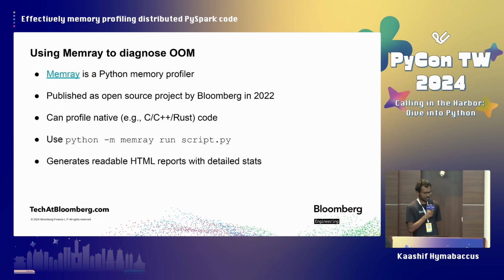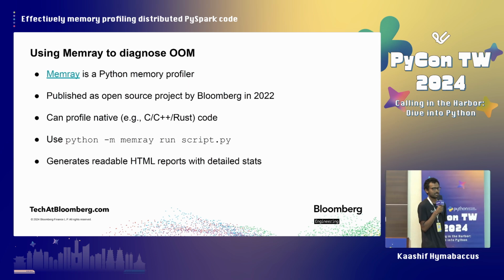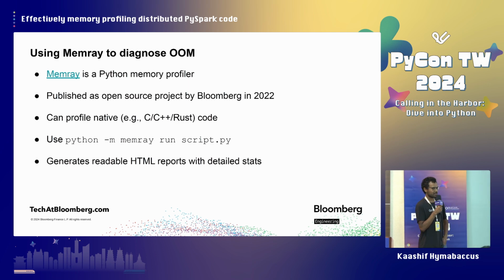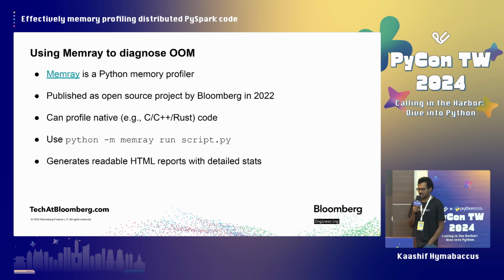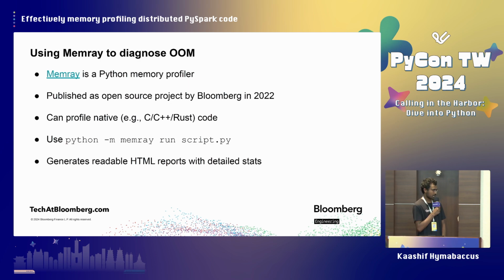It was published as an open source project by Bloomberg a couple of years ago, and it can profile native code, i.e. when you're looking at your memory usage, and if it comes from C, C++, or Rust, or something else, you can see the native stack frames, and you can see the allocations coming from each C++ or Rust file. So I think that's, for us anyway, the killer feature of Memray, and that's why we use it.